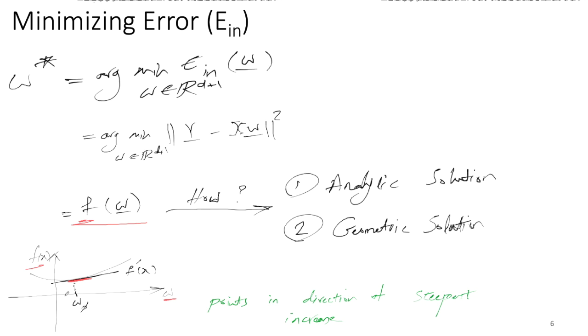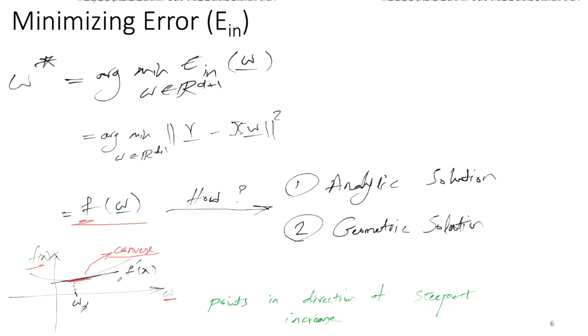Another thing that I'll describe later is that this function has to have a property we call convex. I'll describe what convex is.